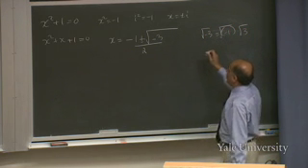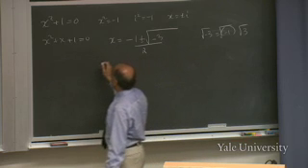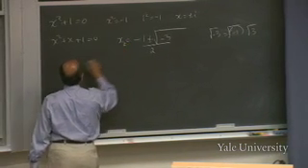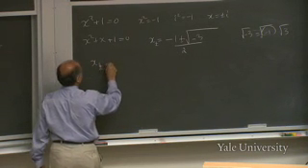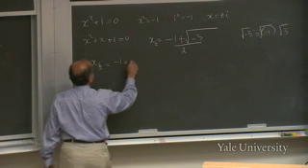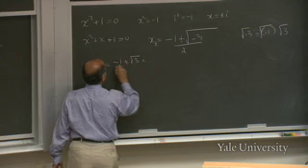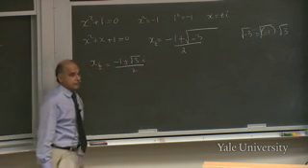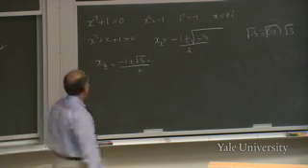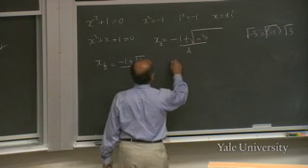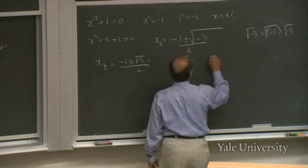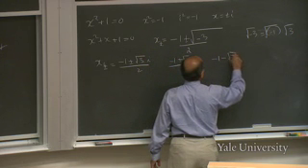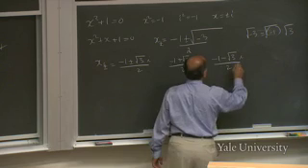Square root of minus 1 we will call i, and we will say this equation has two roots, which are minus 1 plus or minus square root of 3 i over 2. So one root is minus 1 plus root 3 i over 2. The other root is minus 1 minus root 3 i over 2.